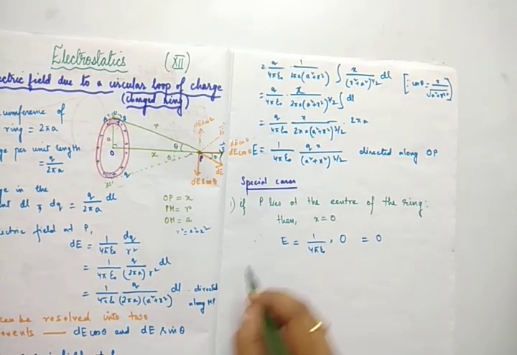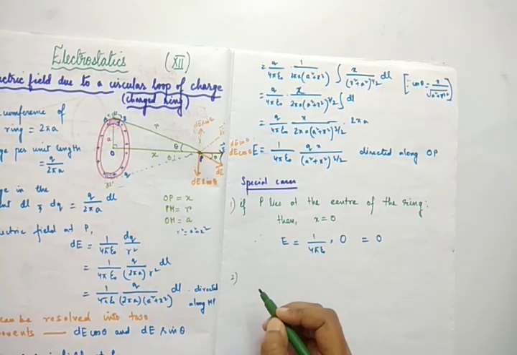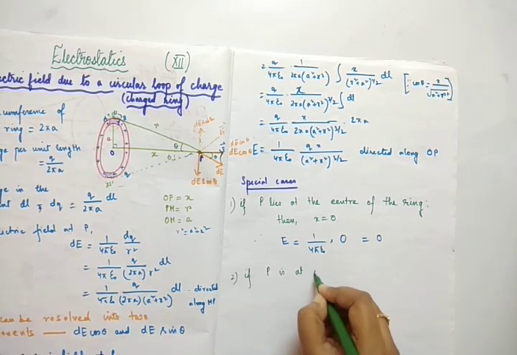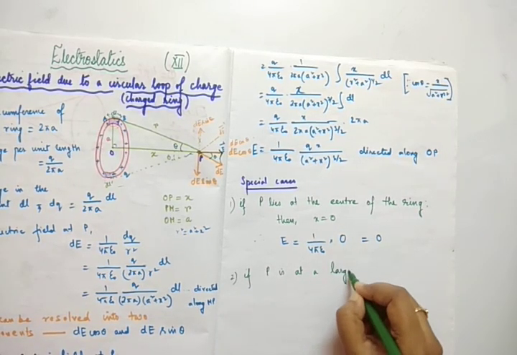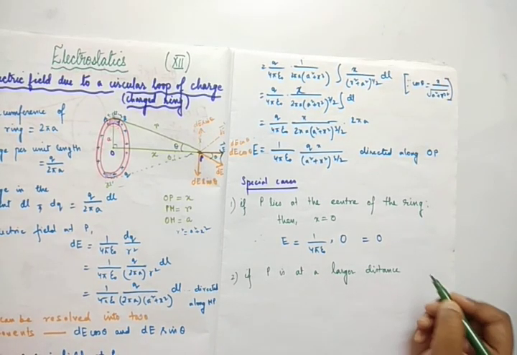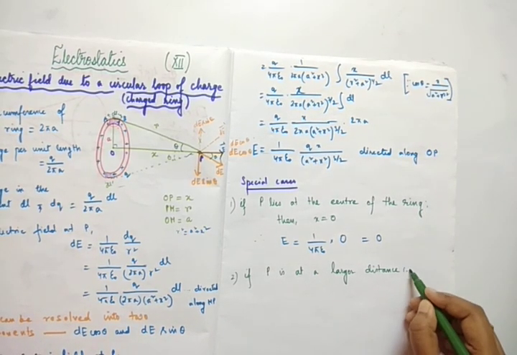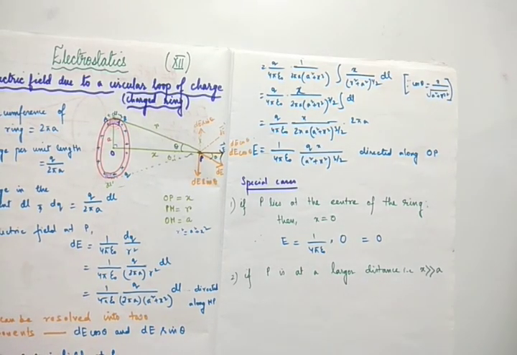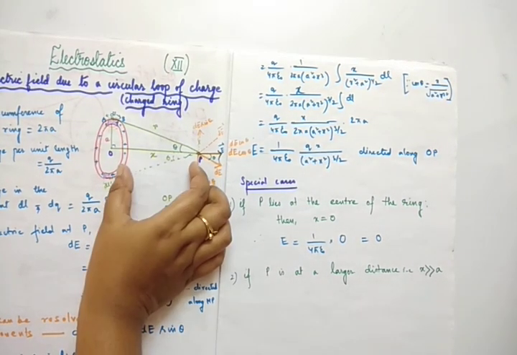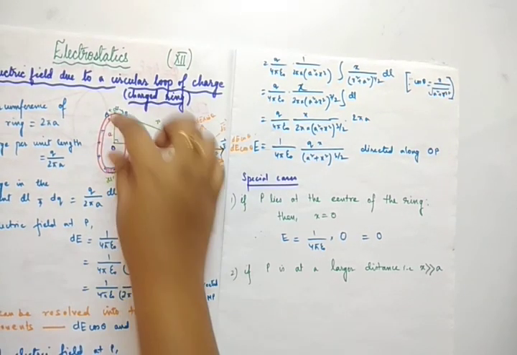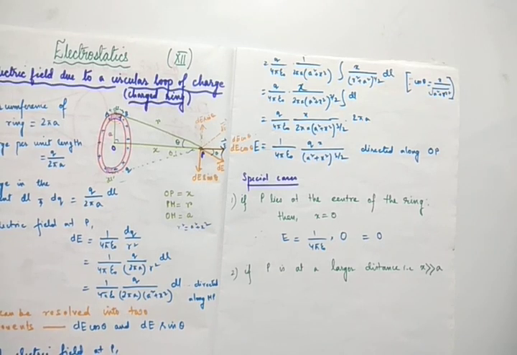The second special case is if P is at a larger distance, that is, x is much greater than a. That means P is at a very large distance compared to the radius of the ring.